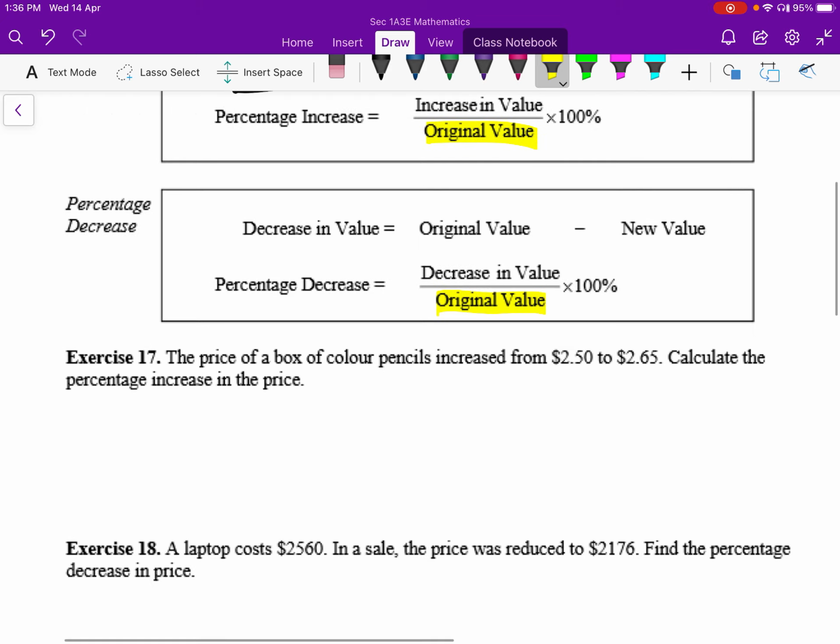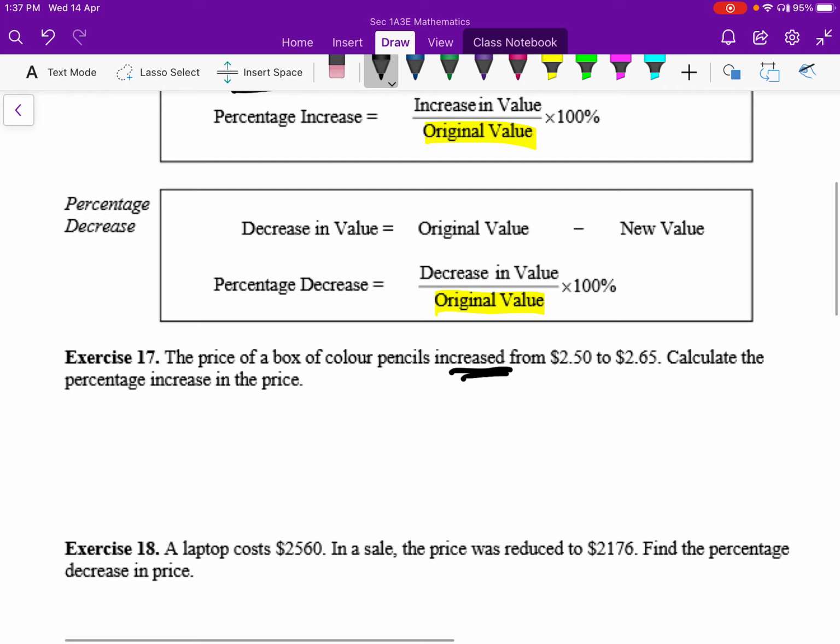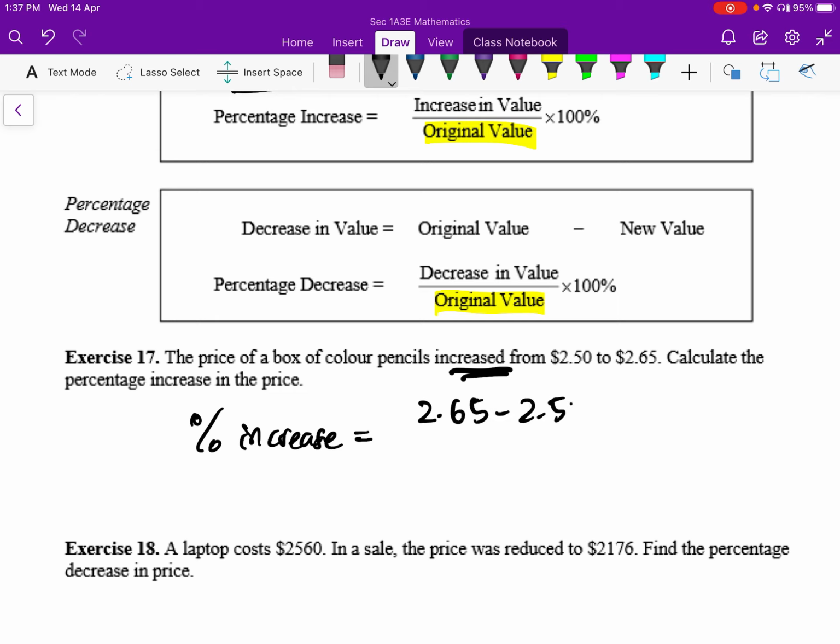So exercise 17. Price, color pencils, increase. Okay, there's an increase. 2.50 to 2.65. The increase is 15 cents. Calculate percentage increase. Okay, percentage increase will be, so how much is the increase? 2.65 minus 2.50 divided by original 2.50 times 100%.